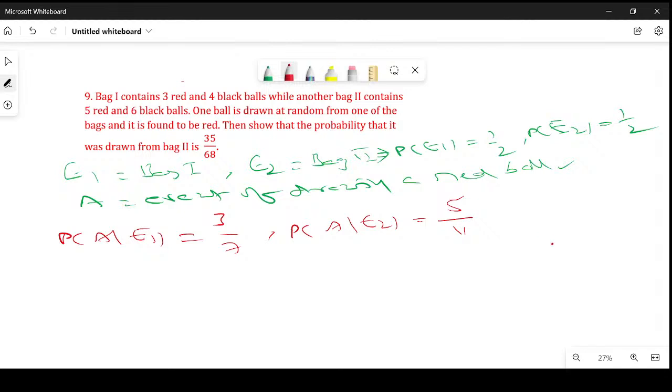Next, what are they asking? They are asking that the red ball you have got should have been drawn from bag 2.